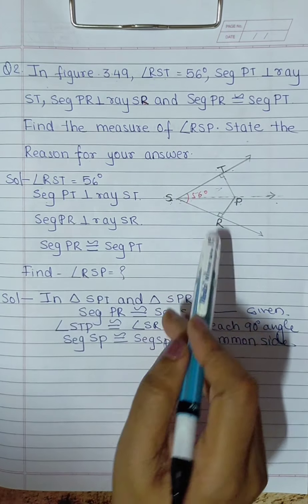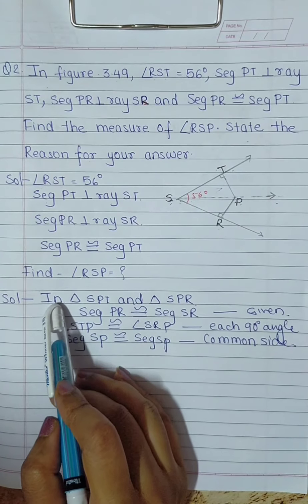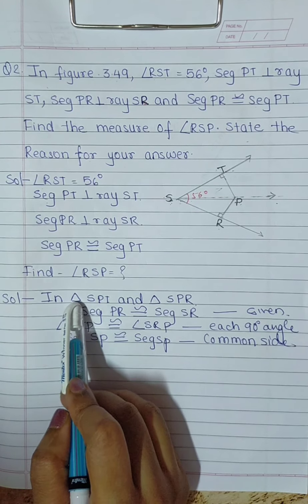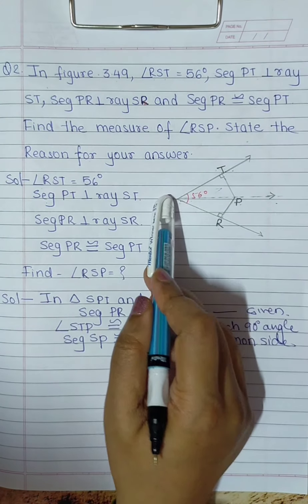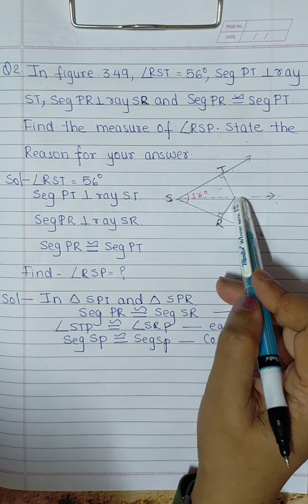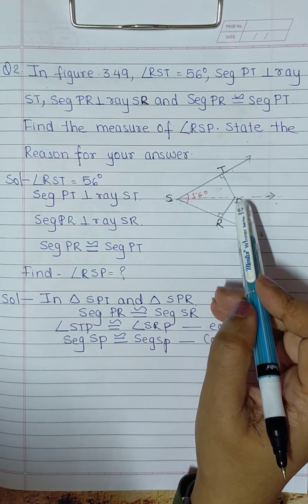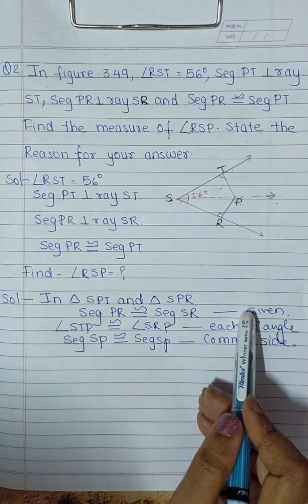We have to find angle RSP. So we have written given condition in triangle SPT and triangle SPR, segment PR is congruent to segment PT. Okay, it is given.